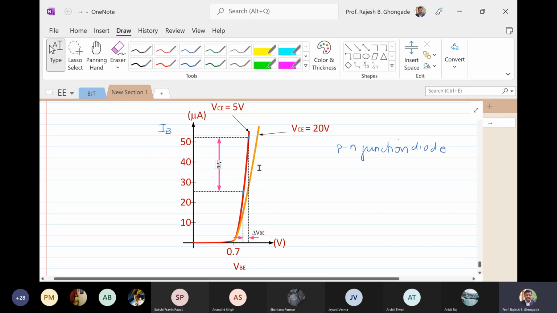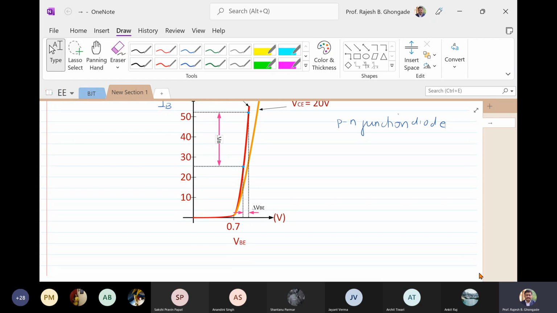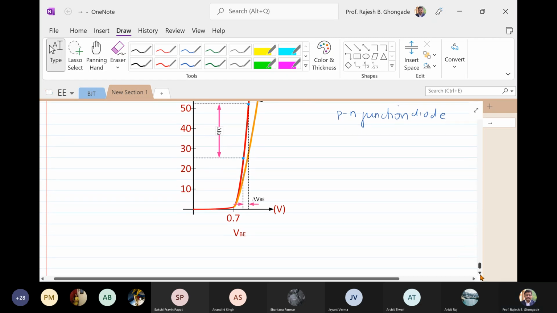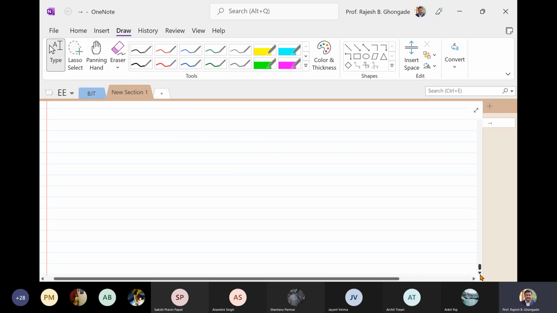So what do you see from here? Let us put down our observations. Observation number 1. As the input to the transistor in common emitter configuration is always between the base and emitter junction, the characteristics resemble the forward bias characteristics of the PN junction diode that we have already seen.